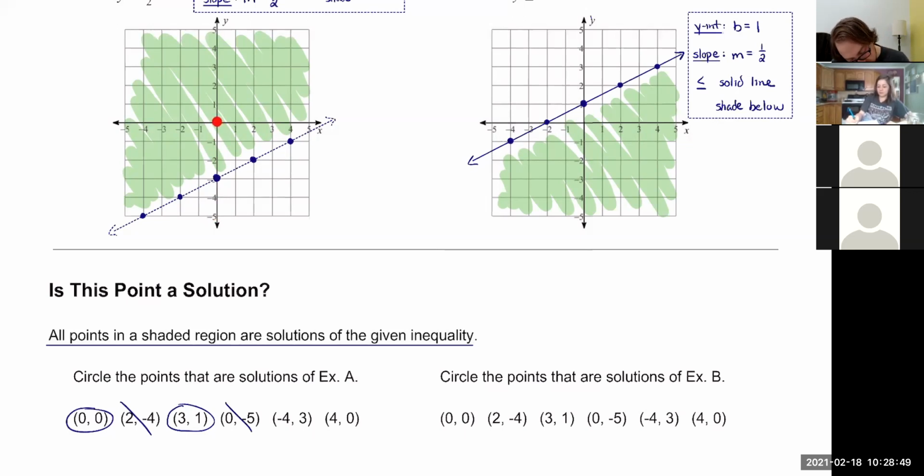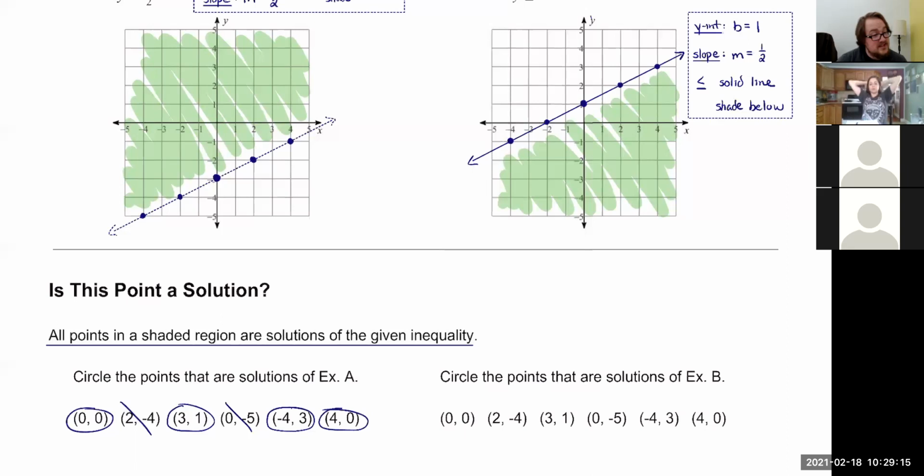-4, 3 has us going left 4 units, up 3 units, which is way in the shaded region, so that one would be one of the solutions. And then the last one there, 4, 0, has us going right 4 units, but does not have us traveling up or down. So it's close to the line, but it is still above it. So it's a solution as well.